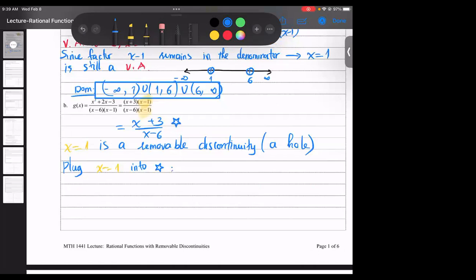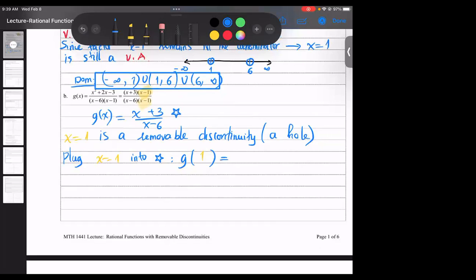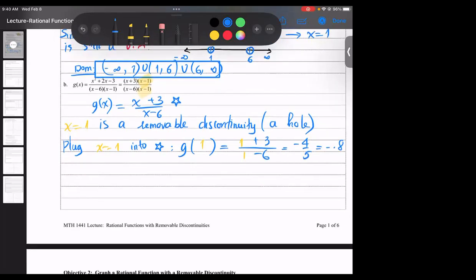So you have g of 1 now. This is g of x equal 1 plus 3 divided by 1 minus 6, which is negative 4/5. Negative 4/5 is equal to negative 0.8. But usually I prefer the fraction.